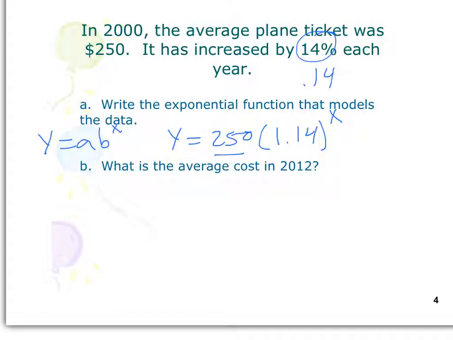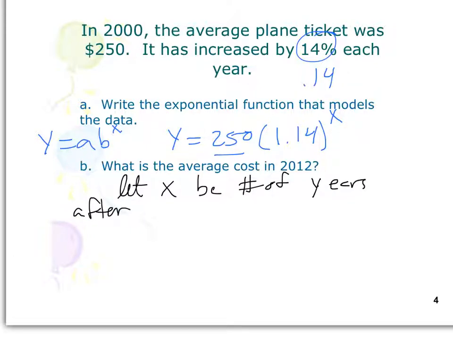For part B, to get the average cost in 2012, I'm going to make it clear that let x be the number of years after the year 2000. For example, I'm not going to plug in 2012 here.